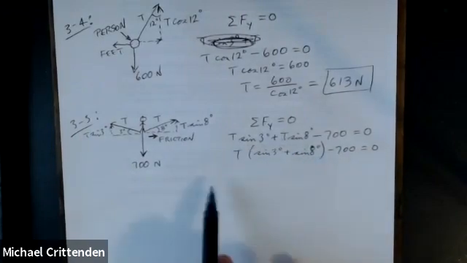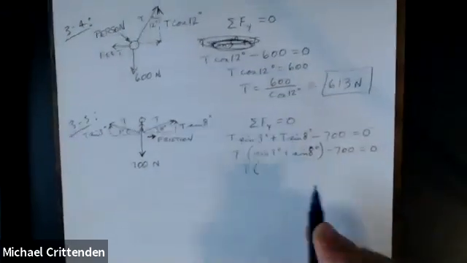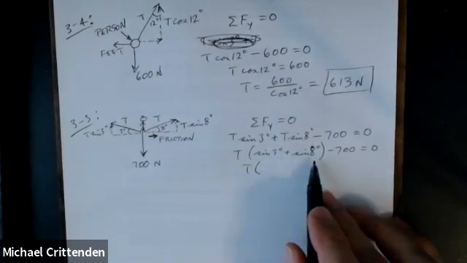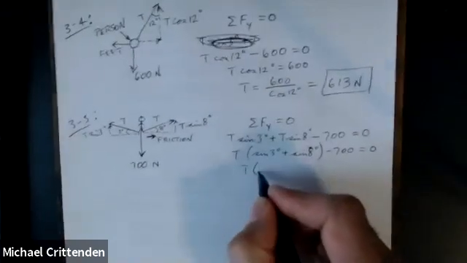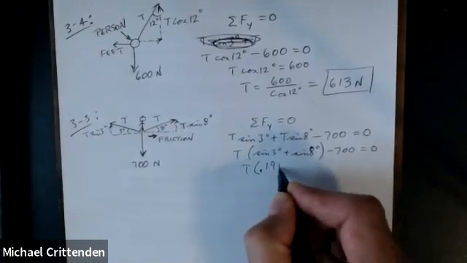T is a common factor. I factored it out. If you add the sine of 3 degrees plus the sine of 8 degrees, it comes out about 0.1915.